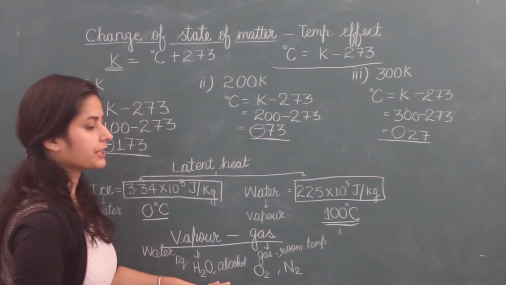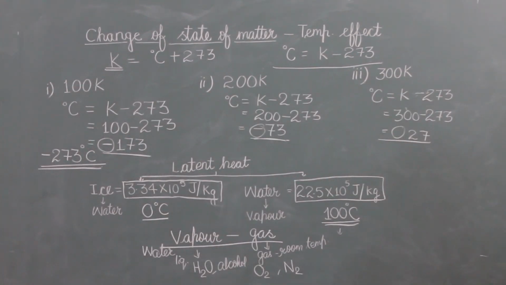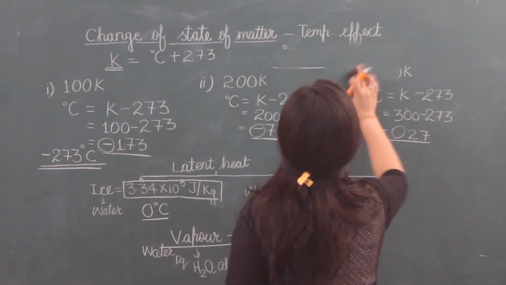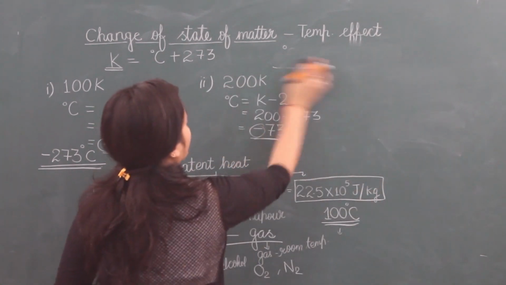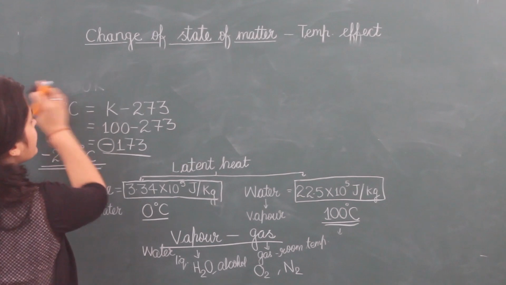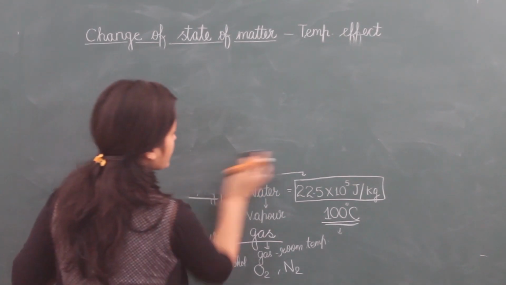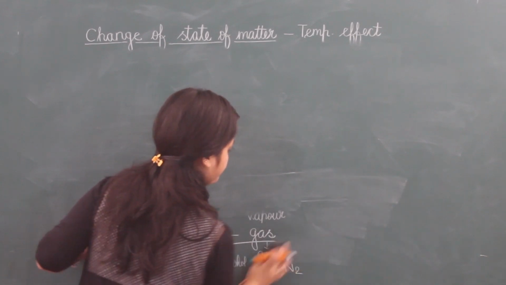So this is the main difference between vapor and gas. Now we will do the next part. In that we will study different processes for change of state of matter.